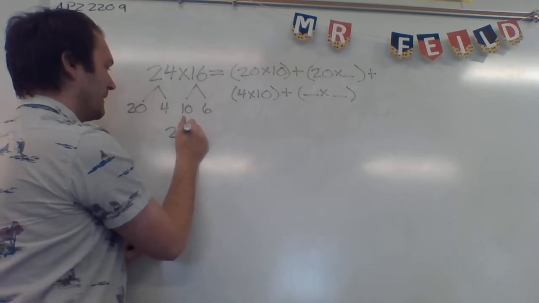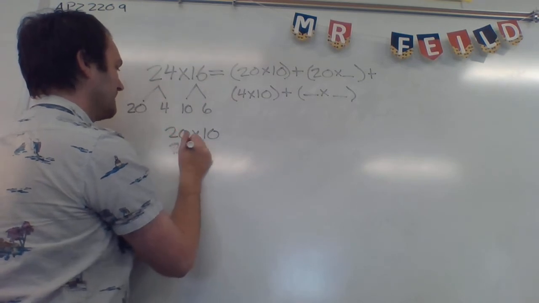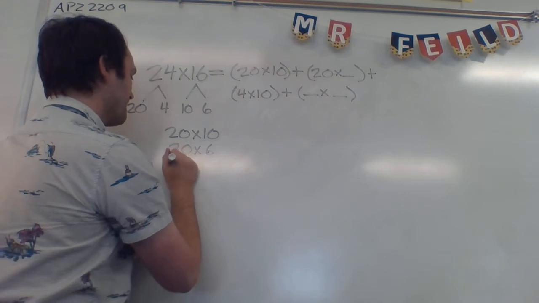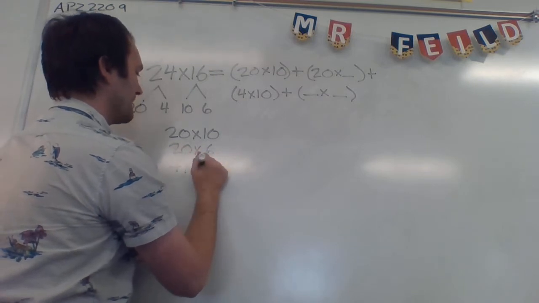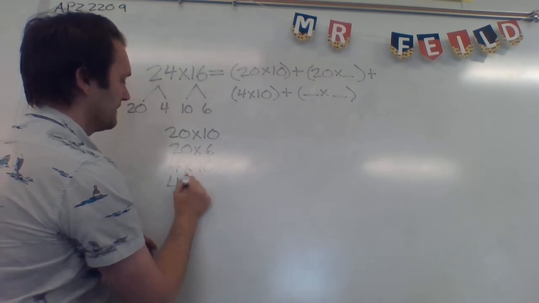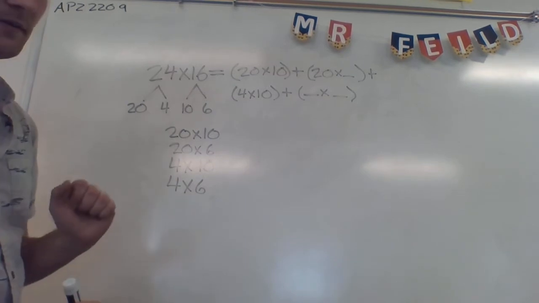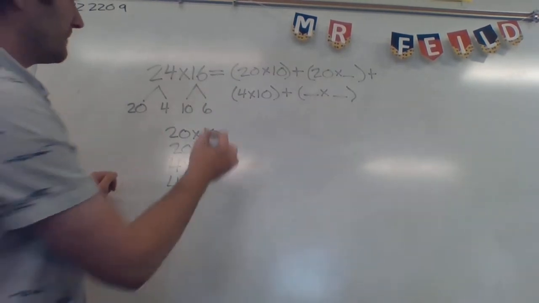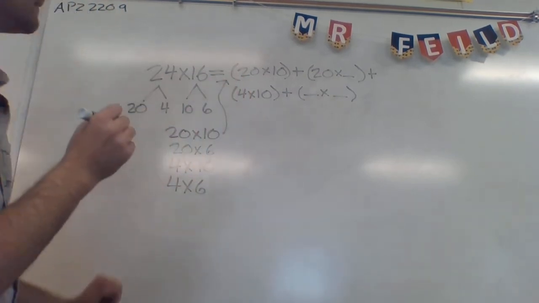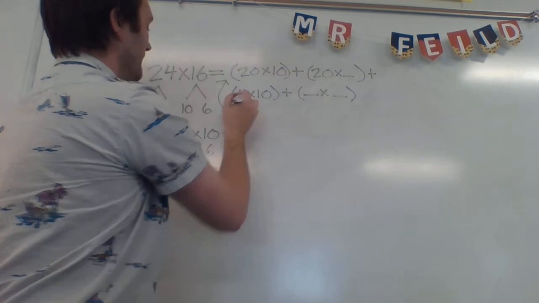I need 20 times 10. I need 20 times 6. I need 4 times 10. I need 4 times 6. And as I'm looking at this, I'm noticing I've got a few of these already. 20 times 10, right here already. 4 times 10, got that right here already.